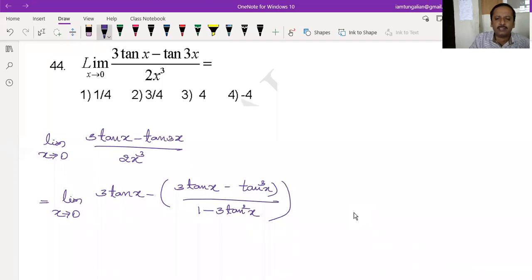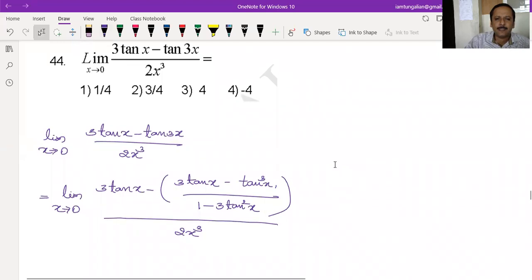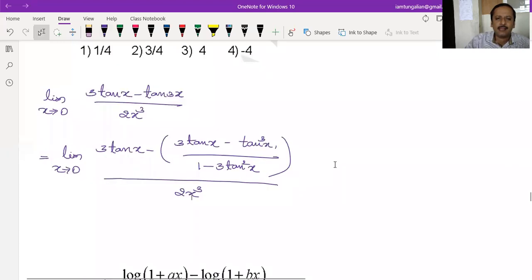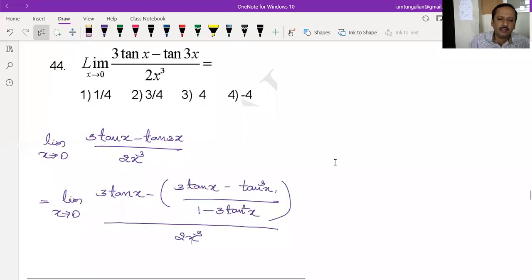So let us make use of this formula, divided by 2x cubed. This is equal to limit x tends to 0.